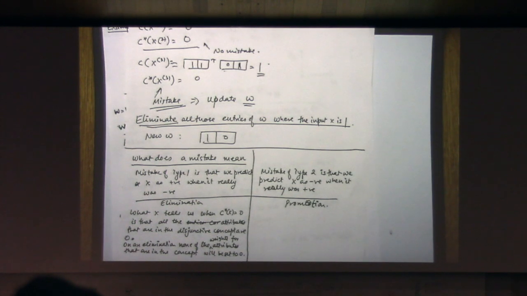Because since this is a negative example, none of the useful entries that we want, none of the ones in the disjunctive concept, will be 1. That means you will never set any of the ones that you really want to 0, but you will keep on setting the other ones to 0. So you will keep on eliminating the unwanted ones.